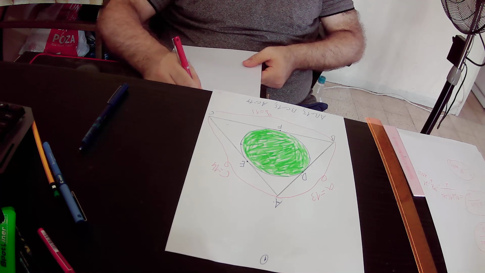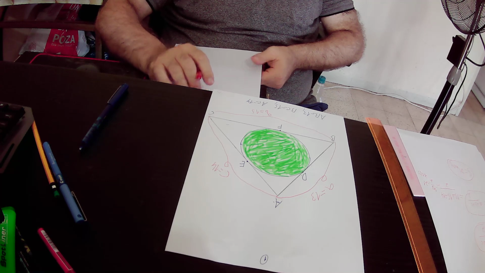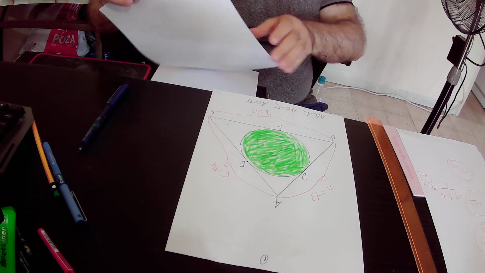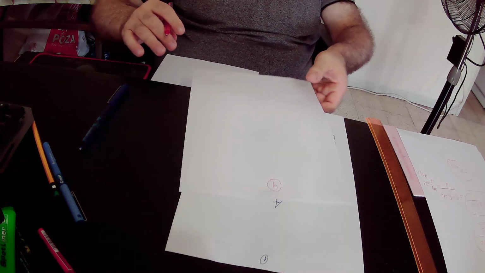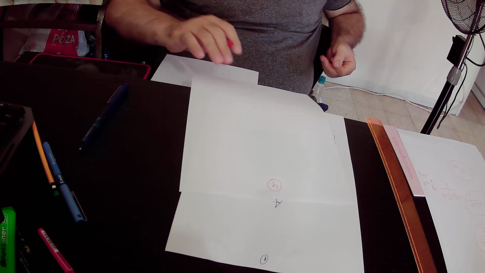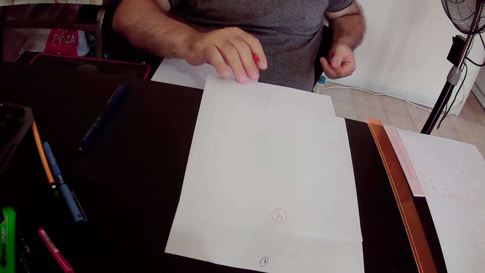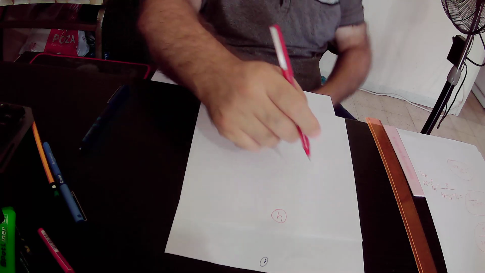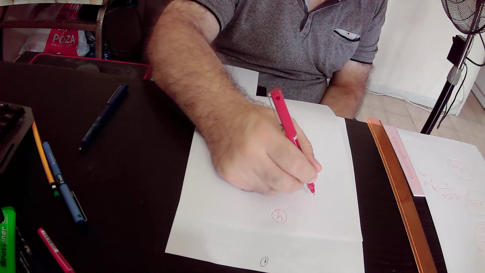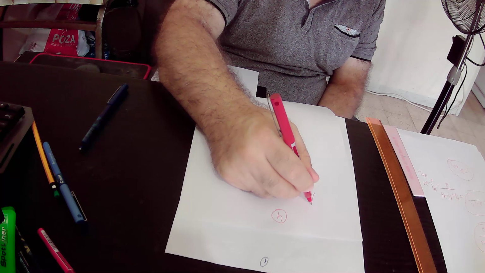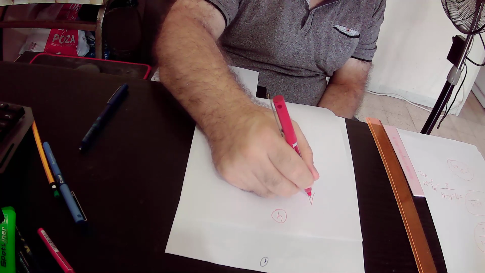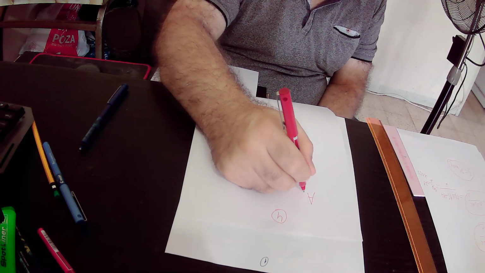We have a special formula: the area of any triangle can be calculated according to the following formula, where A is the abbreviation for area.